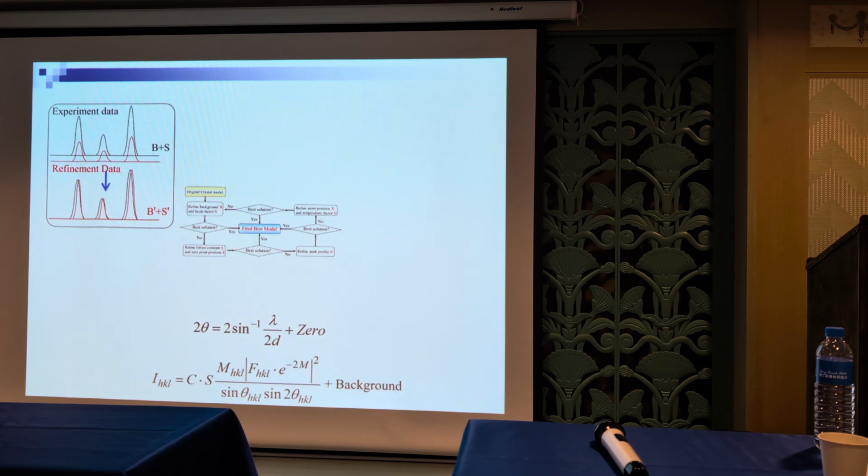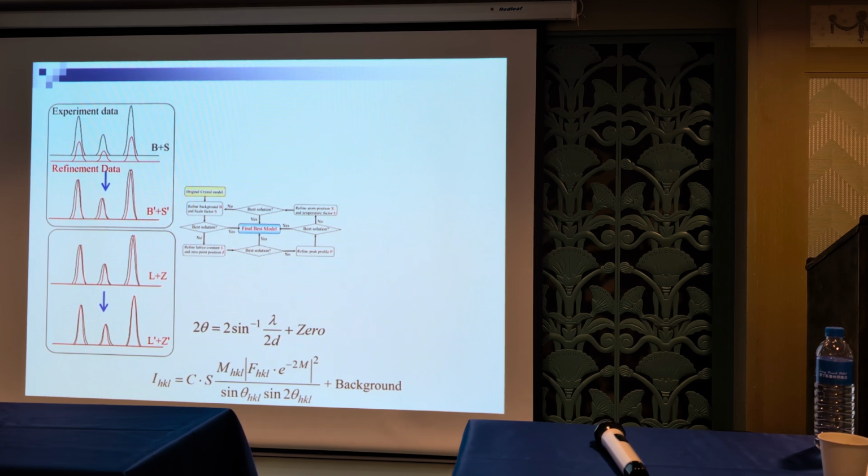Typically you will see that if you just refine the background and the scale factor, okay, the black line is the experimental data and the red line is the refinement result. If you first refine the background and scale factor, then you will get a match like this. And then you can refine the lattice constant and zero point, which will shift your 2 theta position.